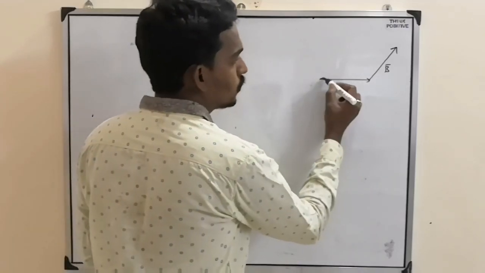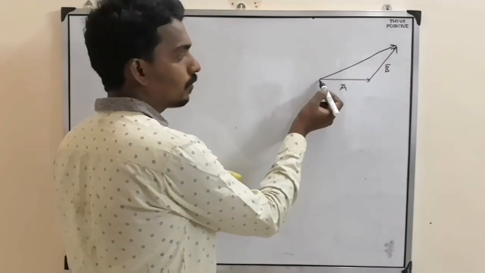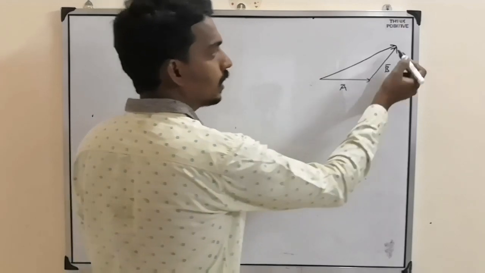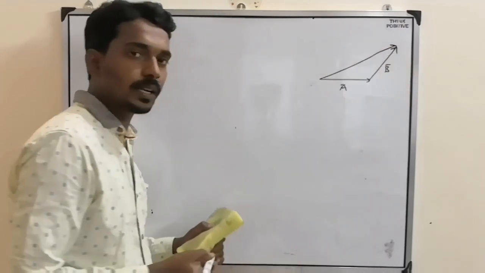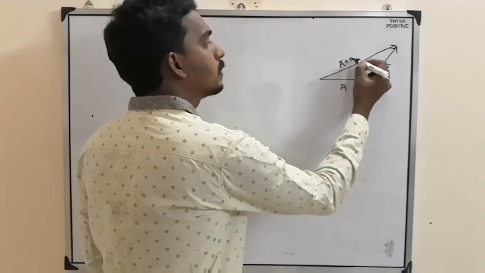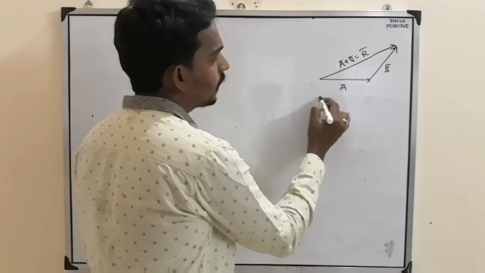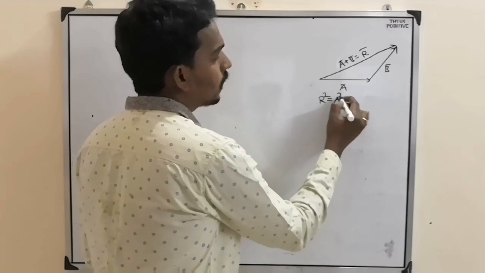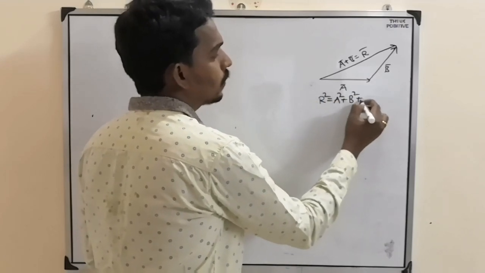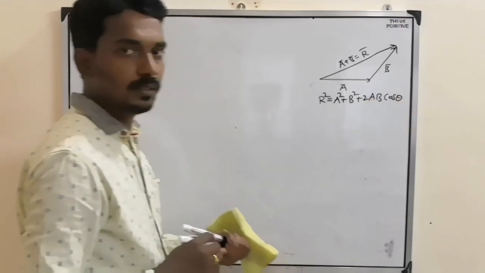Then if you join the initial point of the first vector and the final point of the second vector, that gives you a bar plus b bar, that is nothing but r bar, and we have taken the formula r square equals a square plus b square plus 2ab cos theta.